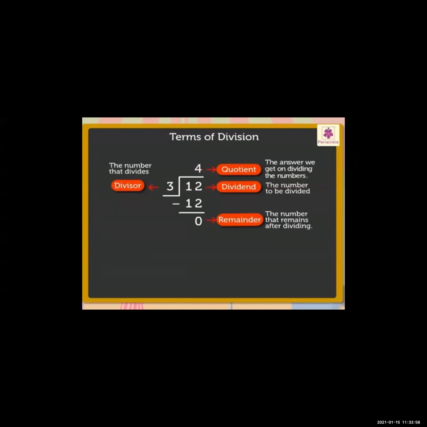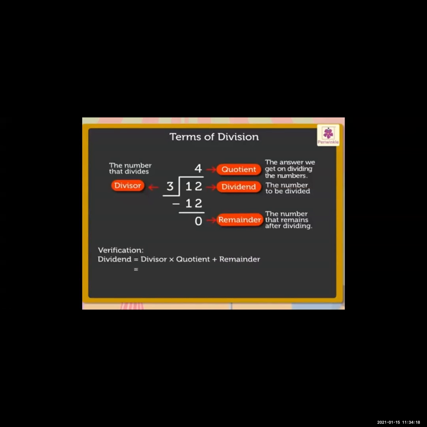I am sure you remember how to verify whether the answer is correct or not. All we need to do is use the following relation. Dividend is equal to divisor into quotient plus remainder.